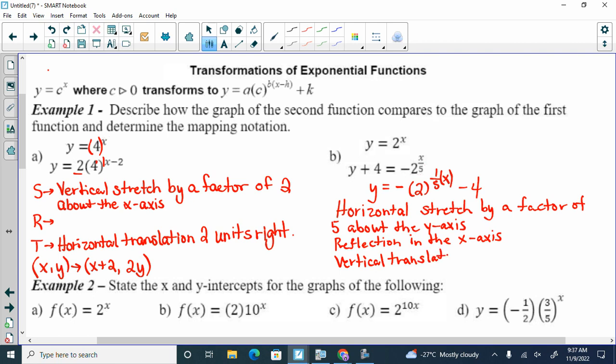Vertical translation 4 units down. So my mapping would be x, y becomes 5x, comma, negative y minus 4.